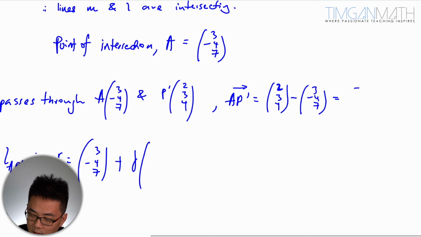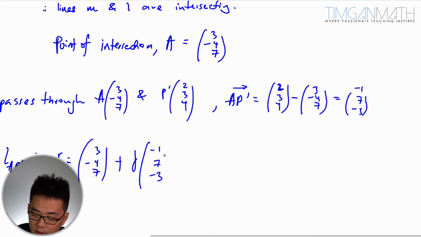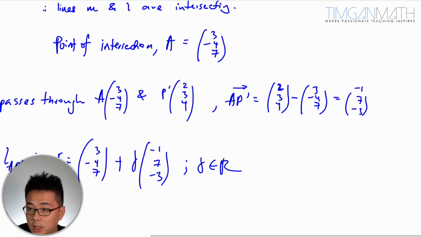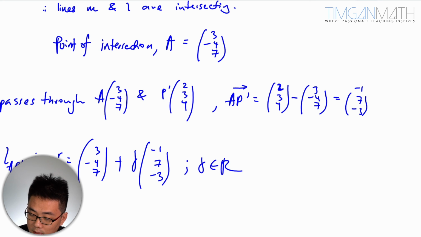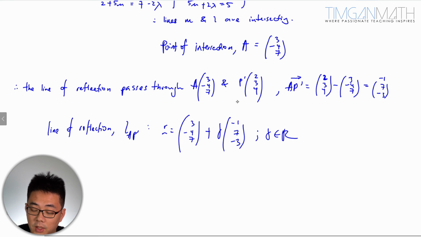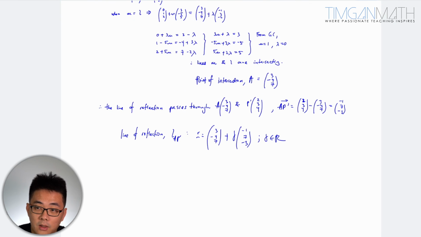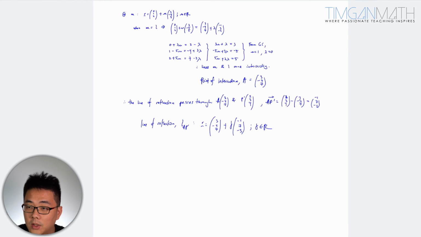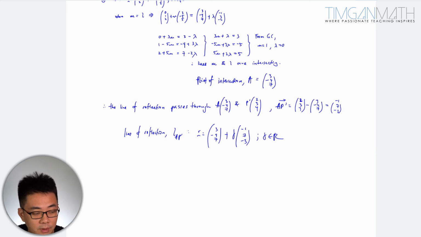This will be negative 1, 7 and negative 3. So that is how we do this question. Of course, you can just use P prime as well, it's fine. If you have any questions or comments at all, please let us know. Keep practicing, and I'll see you in the next question.